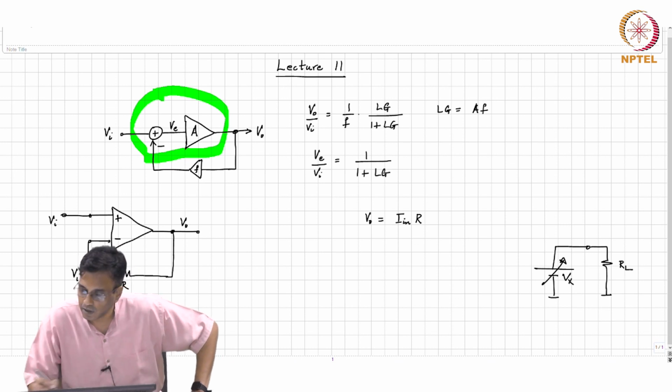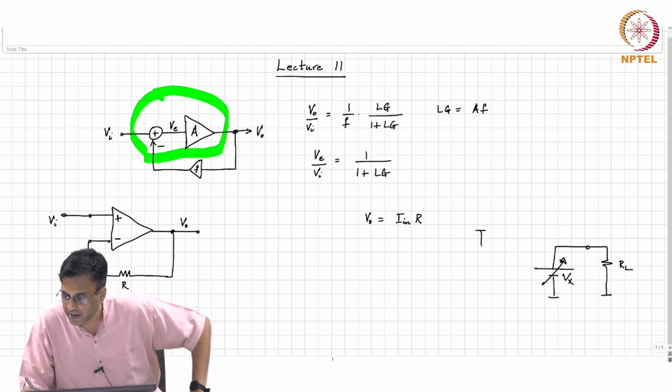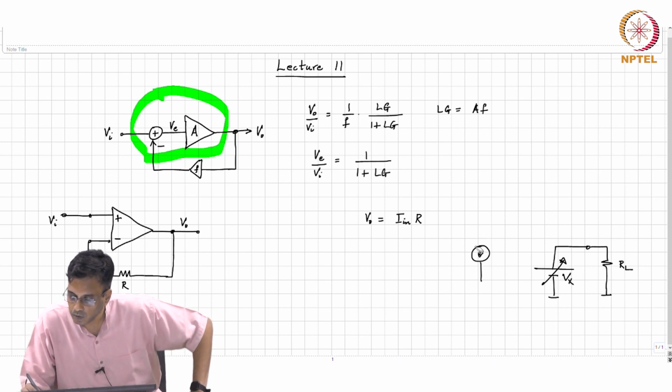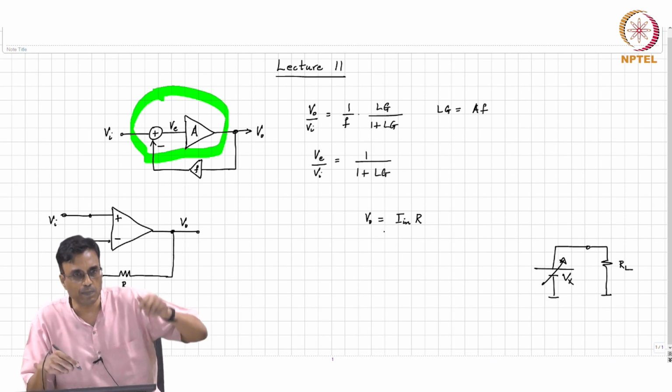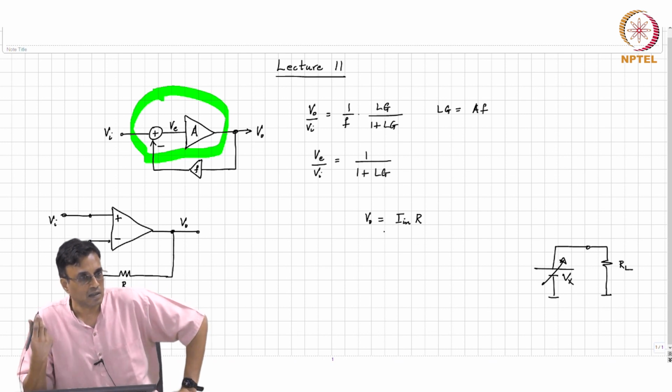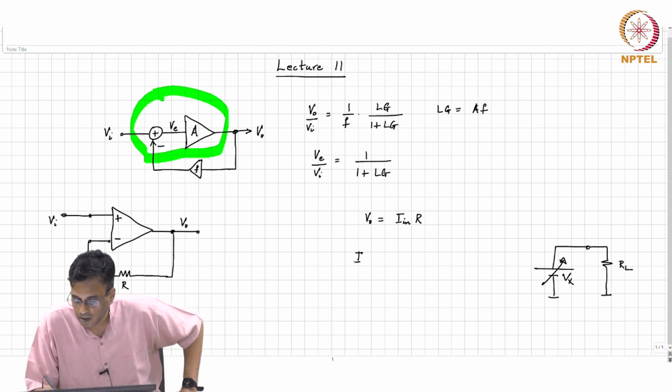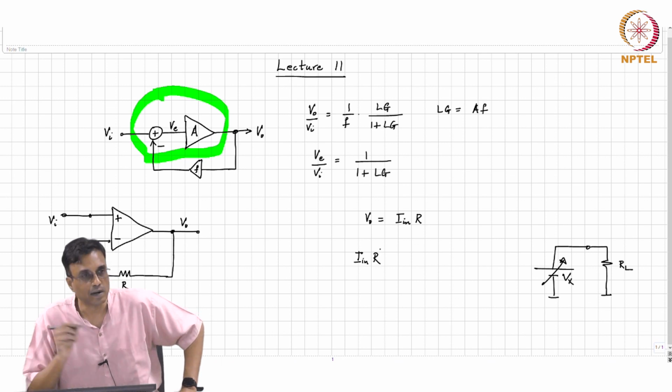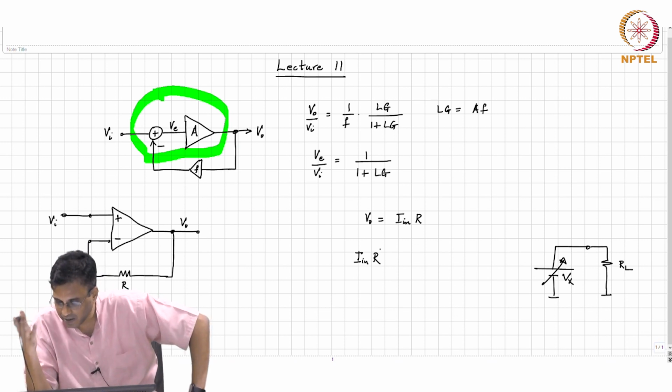So, what you are telling me therefore is you generate I in times R somehow, and the easy way to generate it is simply pump the current into a resistor, right, that will generate that I in times R. Okay, tell me clearly what I should do.